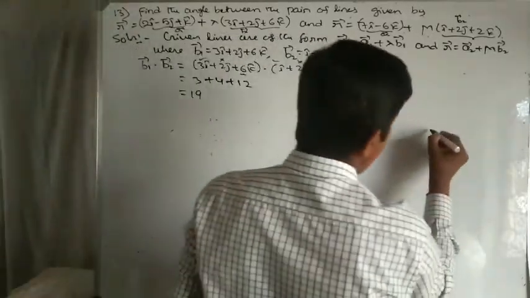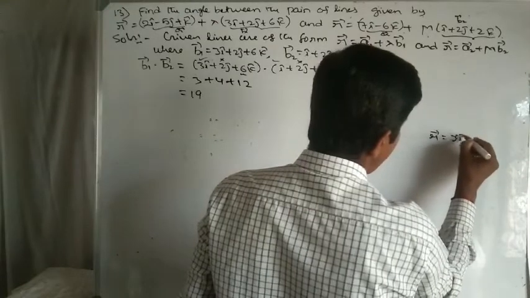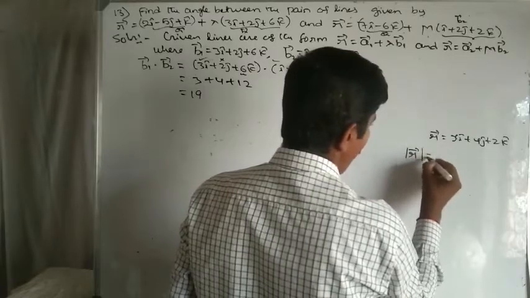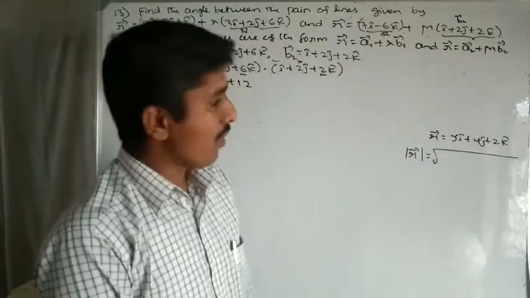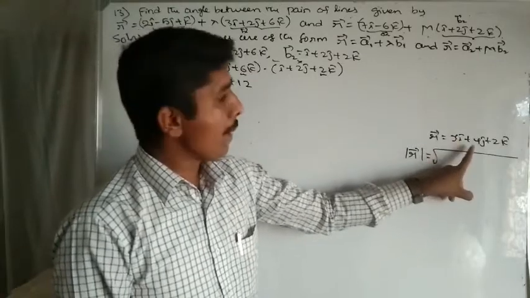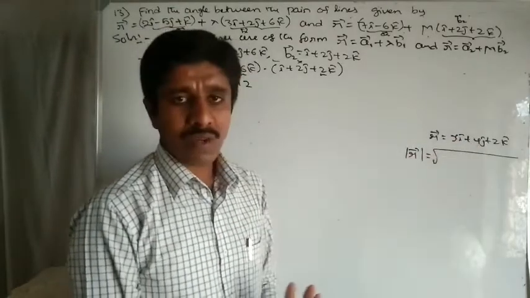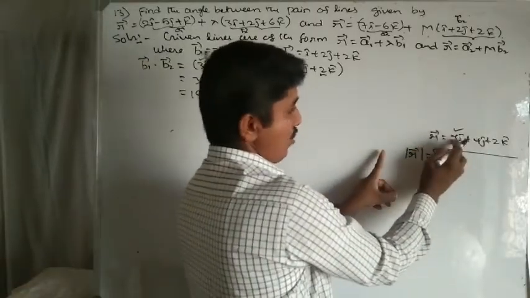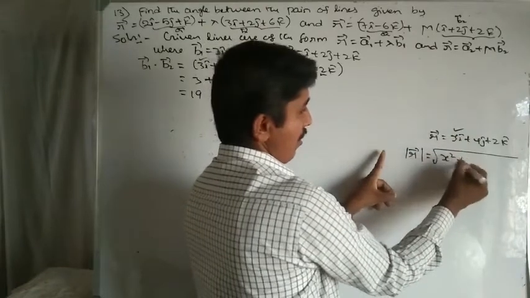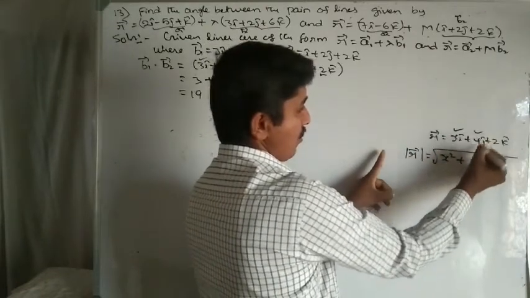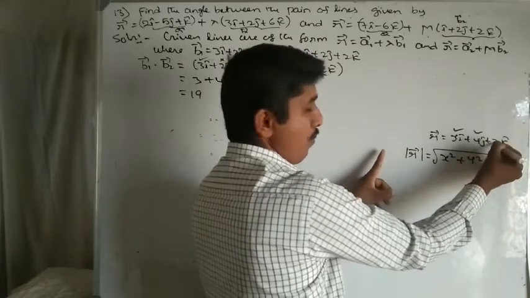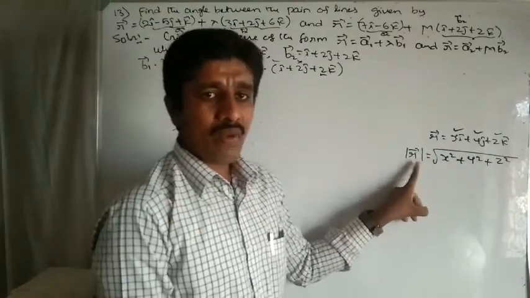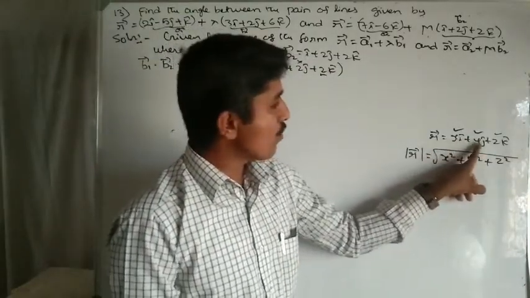One thing, mind it: if vector r is equal to xi plus yj plus zk, then the magnitude of vector r is equal to the square root of x component squared plus y component squared plus z component squared. The i coefficient is the x component, the j coefficient is the y component, and the k coefficient is the z component.